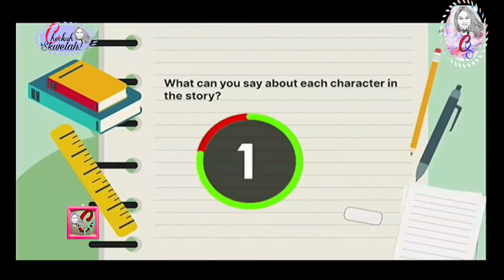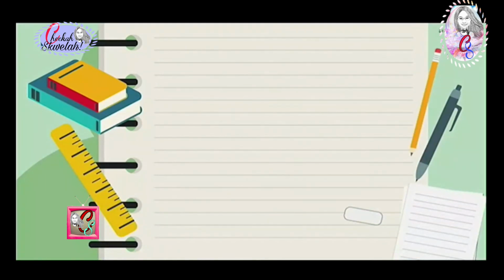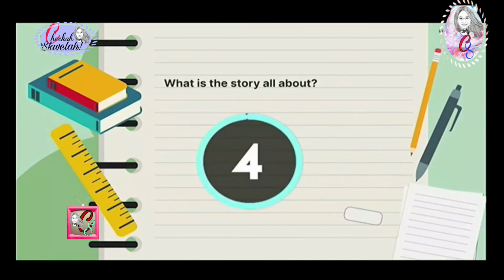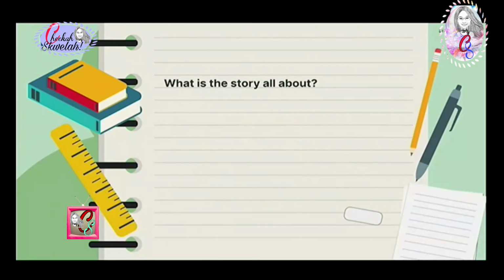If you can describe Miss Sanchez as a devoted teacher and the barangay officials as generous, good job! And for the last number, what is the story all about? If you got the answer, it's about a devoted teacher. Very good. That's the right answer.